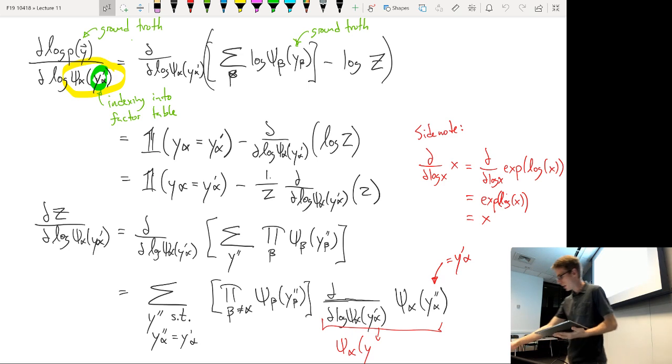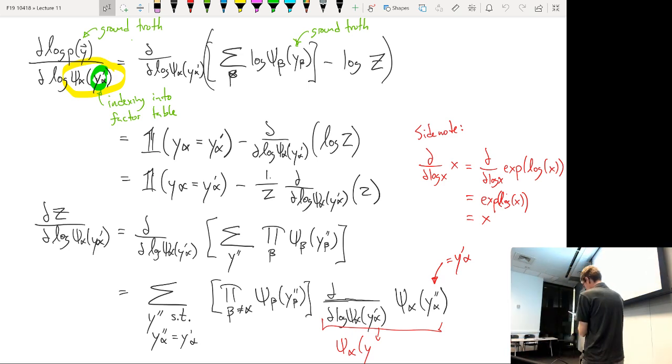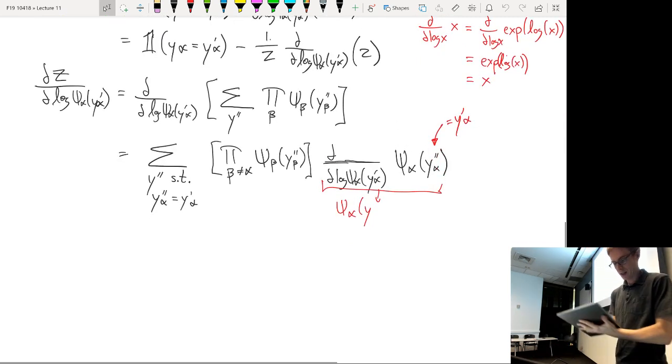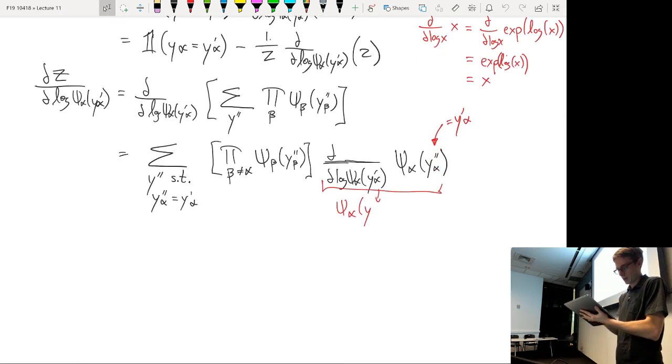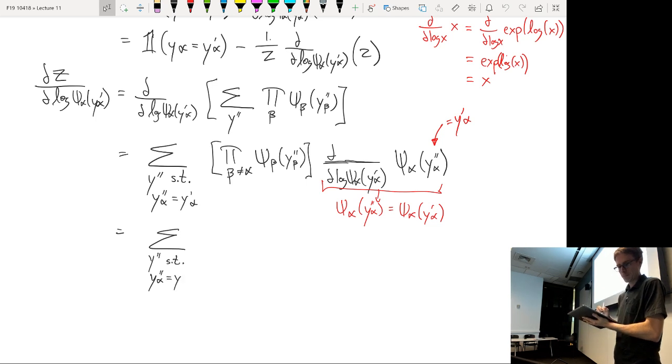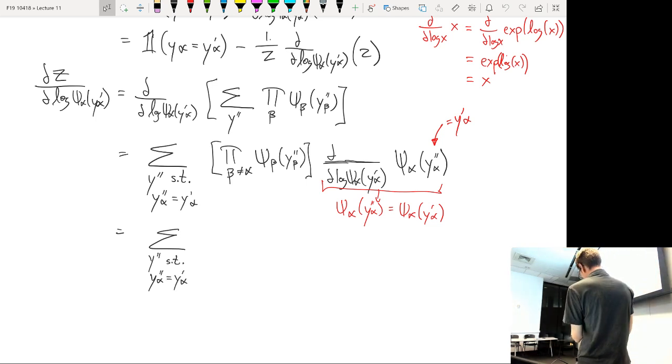All right, so finally, we can rewrite this whole derivative as a sum over all y prime primes such that y prime prime alpha is equal to y prime alpha, taking the product over all possible factors beta of psi beta of y prime prime beta.